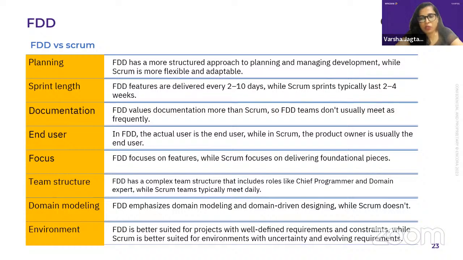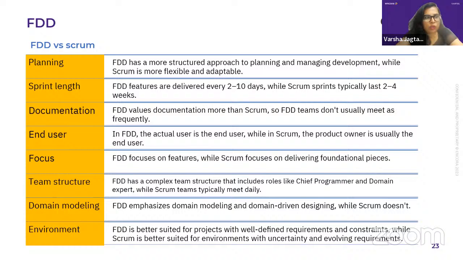While Scrum sprints, time is decided first and then the feature. Okay. Planning. Now it is said that FDD has a more structured approach to planning and managing development, while Scrum is more flexible and adaptable.